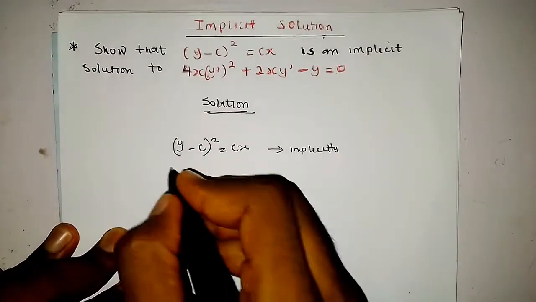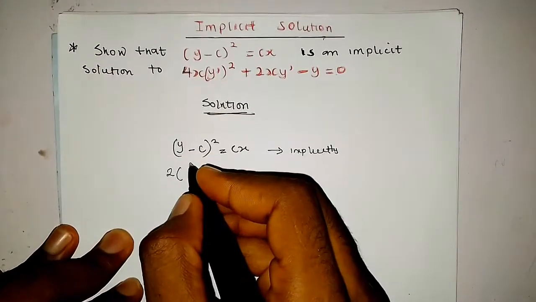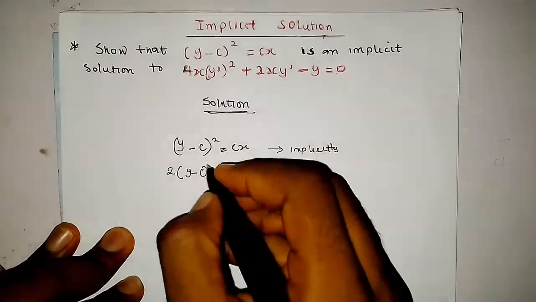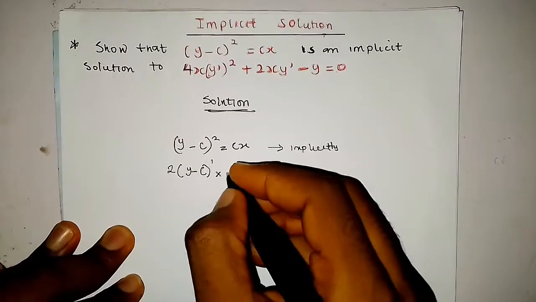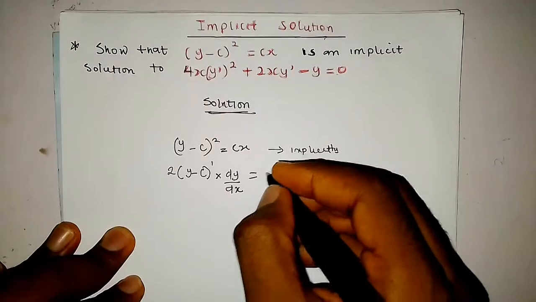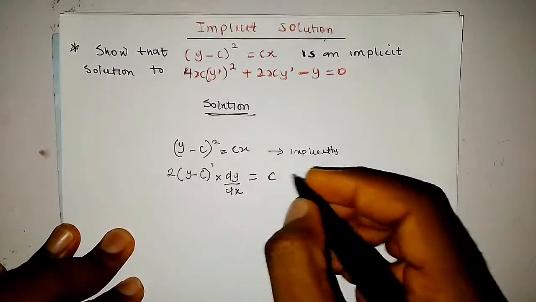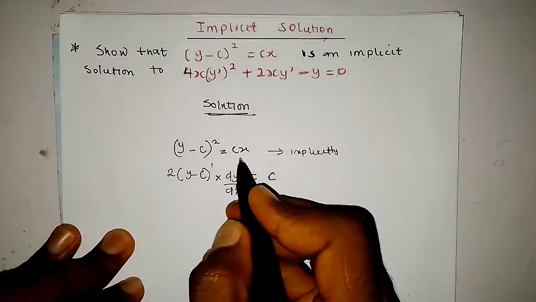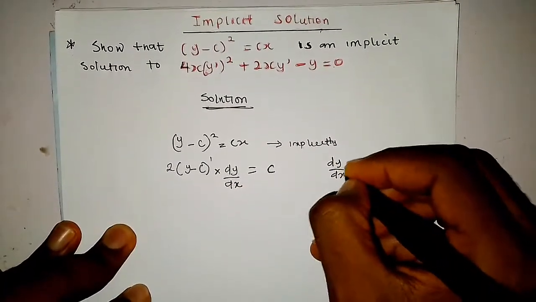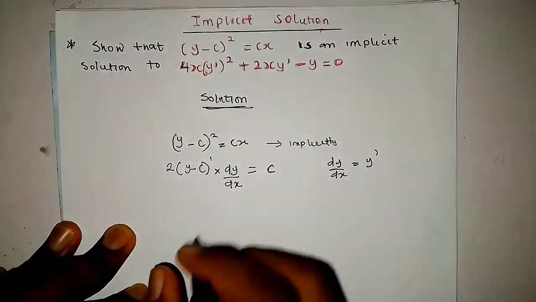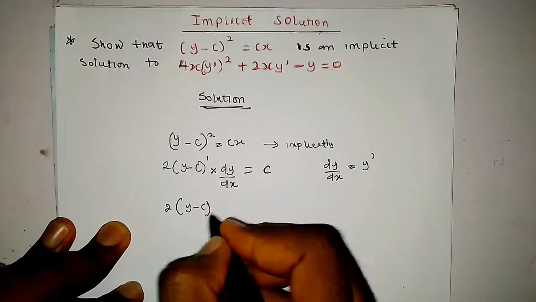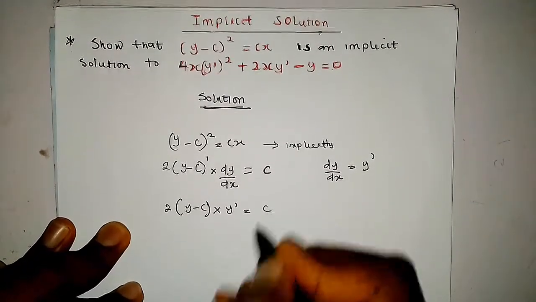Differentiating, the 2 comes down: 2(y − c) to the power 1, times dy/dx, is equal to, differentiating cx with respect to x, c. Since dy/dx is y′, replacing this with y′, we have 2(y − c)y′ = c.